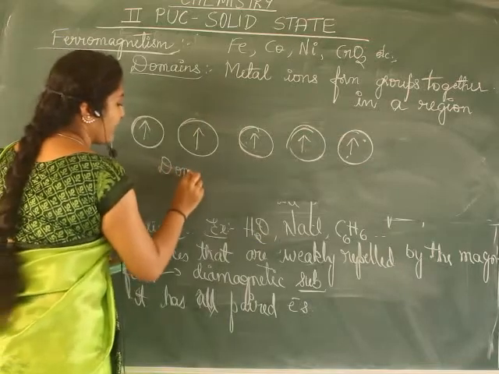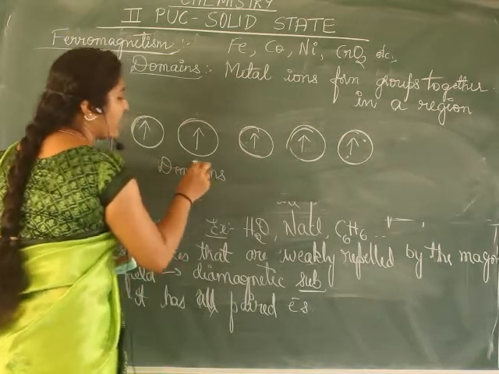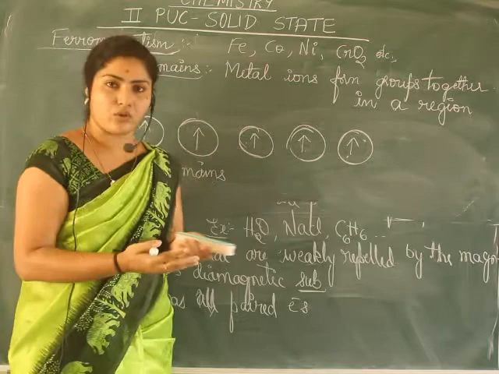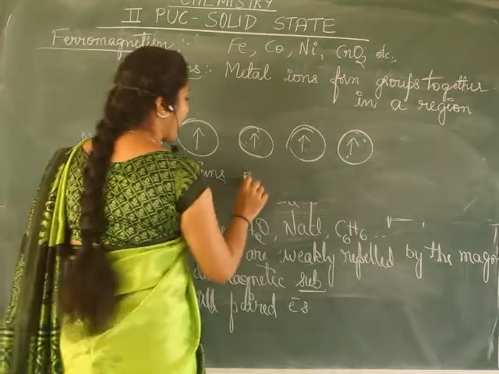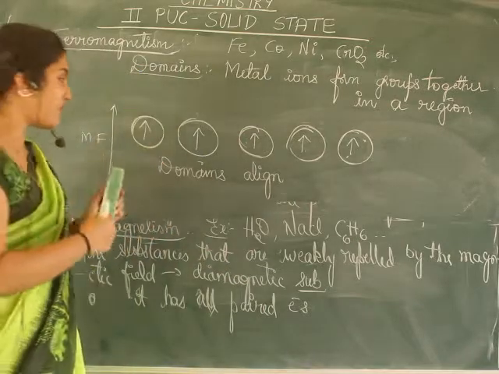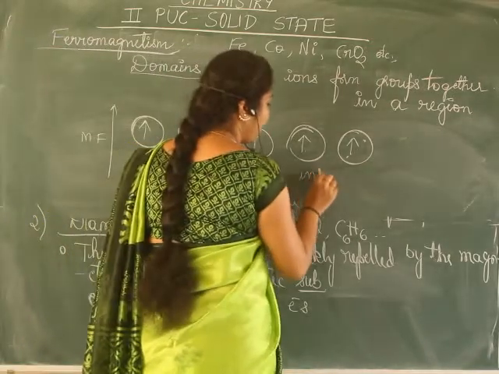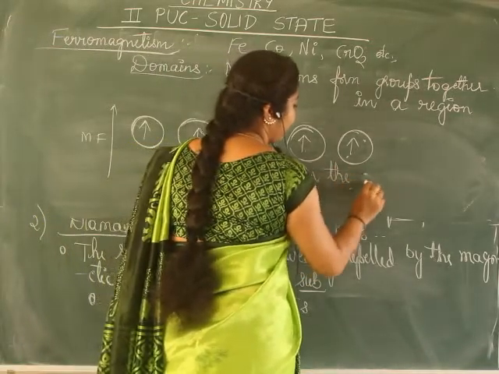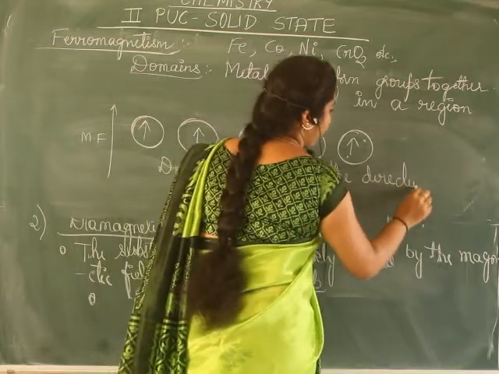Domains, you know, the region where the metal ions have formed a group. Now domains align, A-L-I-G-N, align means arrange themselves, in the direction of magnetic field.